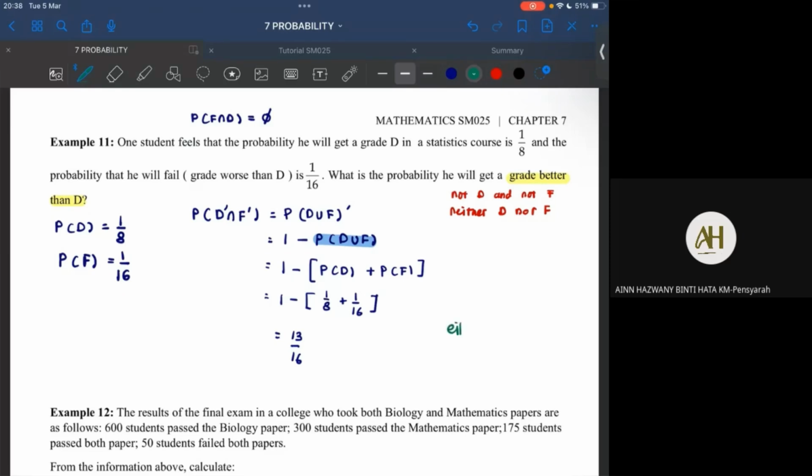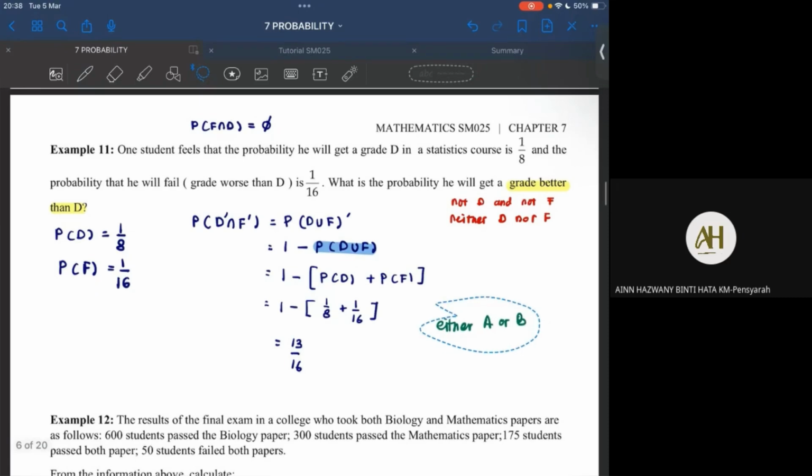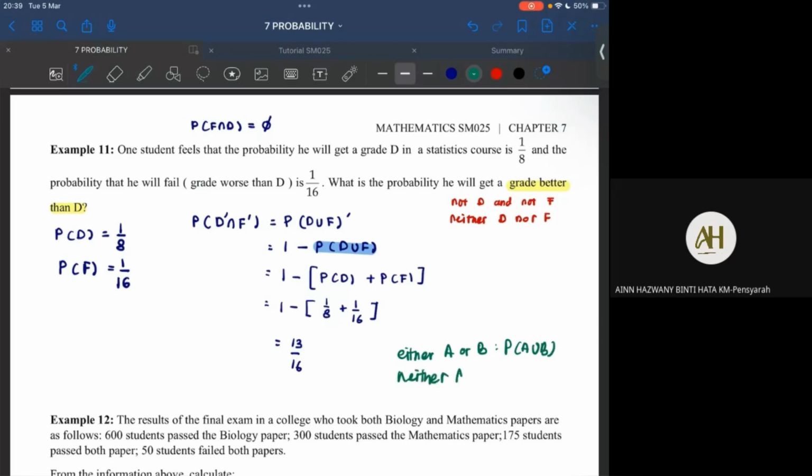So either A or B. P A union B. Okay. Macam mana tulis ni? P A union B. Neither A nor B. Bukan A, bukan B. P A union B prime di luar.